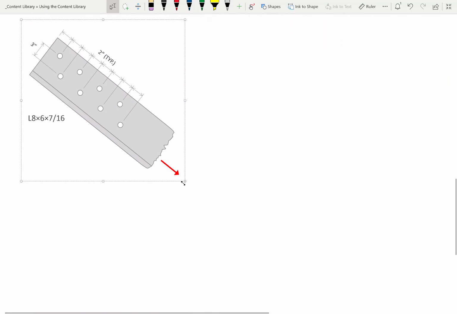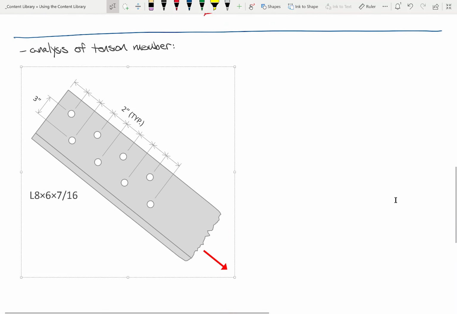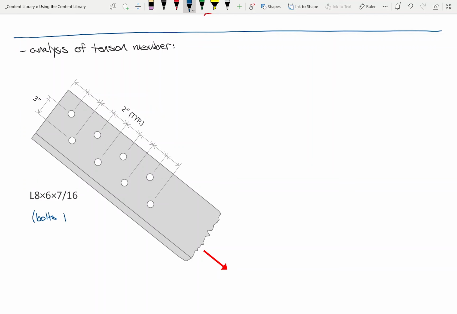Let's make this a little bigger. Okay, so this is our tension member, and I'll put here bolts are through the long leg on this one, which, unless otherwise stated, is the most common.